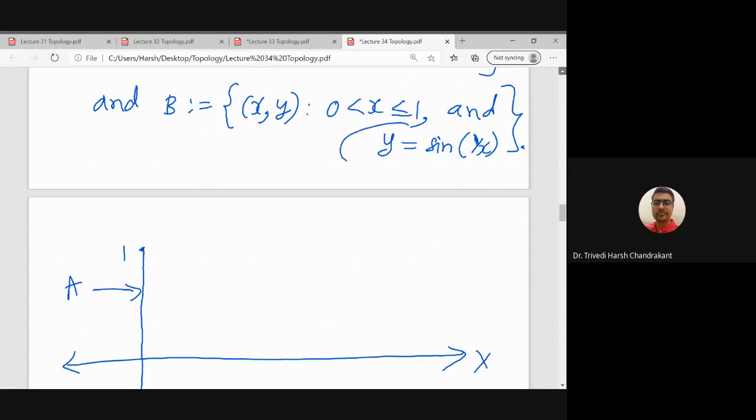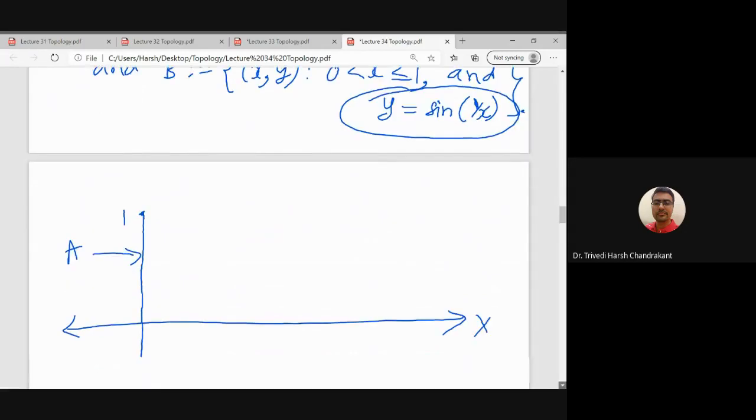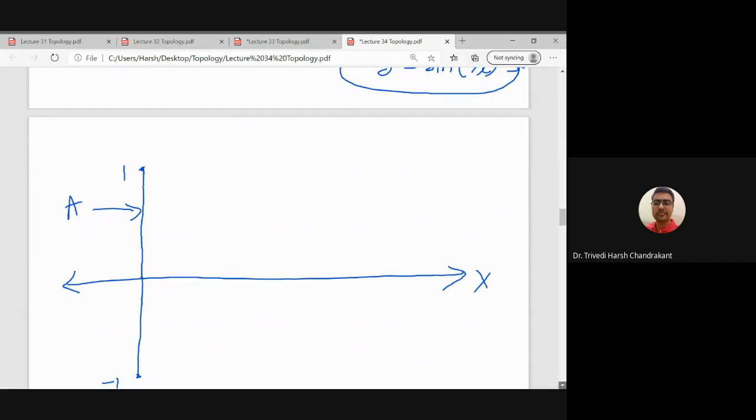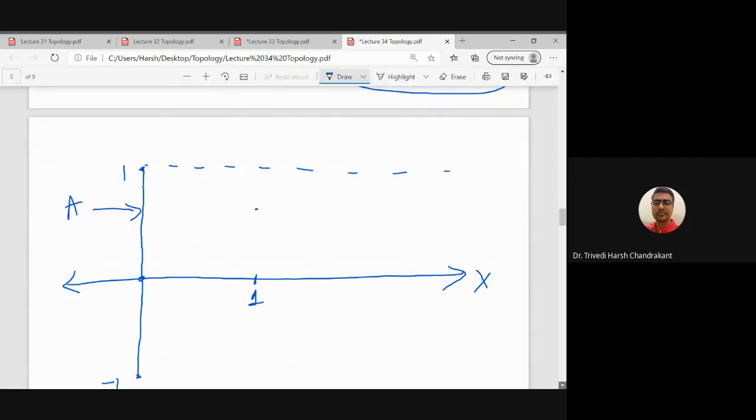So basically we are considering the graph of this function sin(1/x) when x is between 0 and 1. The point 0 is already contained in the set A, so except that we will start with x equal to 1. At x equal to 1, sin(1/1) will come here, and this is my line y equal to 1.